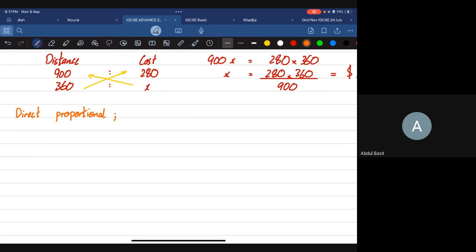If something increases and a quantity in proportion with it also increases, then the two quantities are directly proportional. What I am adding to what Basit said is that if one quantity decreases and the other decreases as well because of that effect, then those two quantities are also directly proportional.